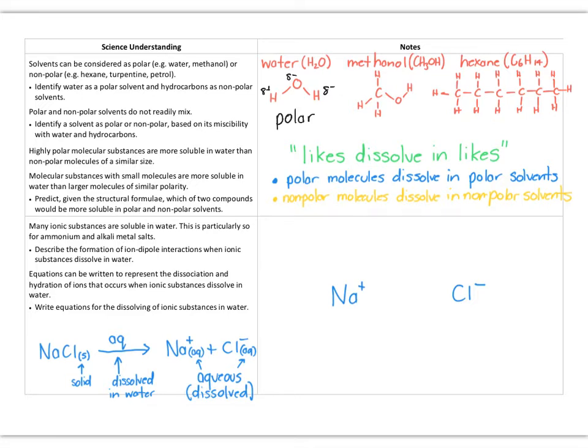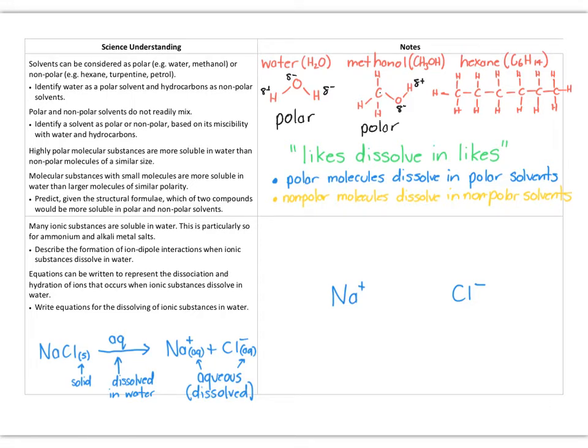Something like methanol, again, is a polar solvent. We generally regard carbon and hydrogen bonds as being non-polar. They only have a small difference in electronegativity, but this bond here makes that a polar molecule.